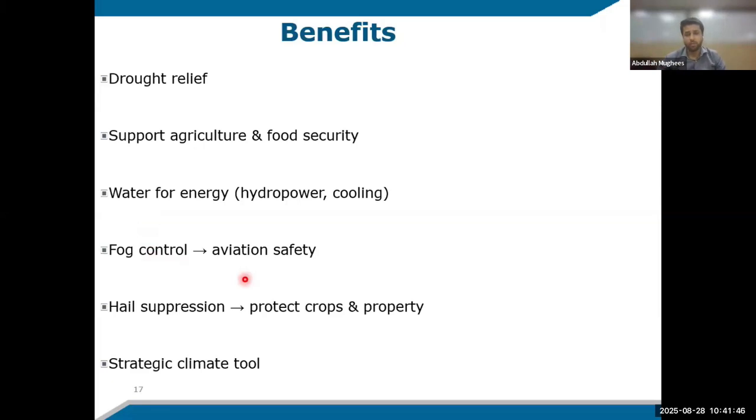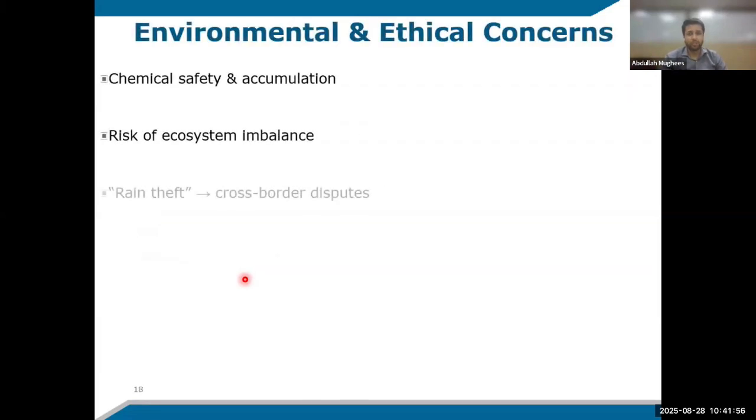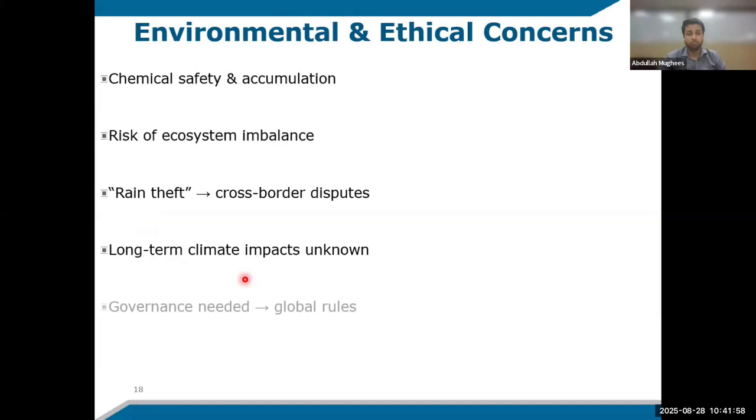We may use it for good purposes, though we have to consider ethical and political concerns while using it for some strategy. So yes, we have some concerns. Chemical safety and accumulation is one of the most important points, because whatever you put on the clouds will come to the ground.